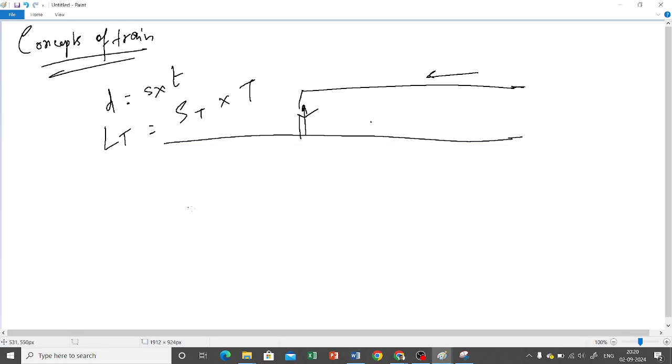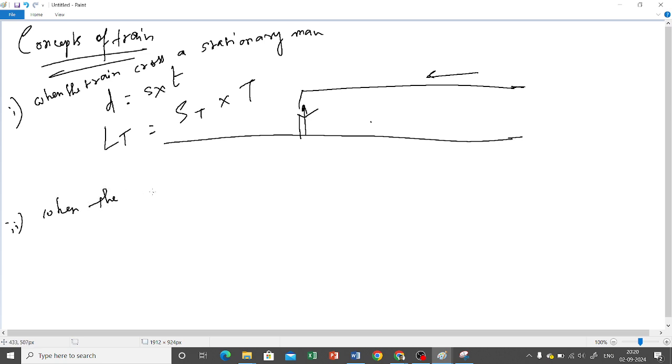This is the case when the train crosses a stationary man. Number 2, when the train crosses a platform.